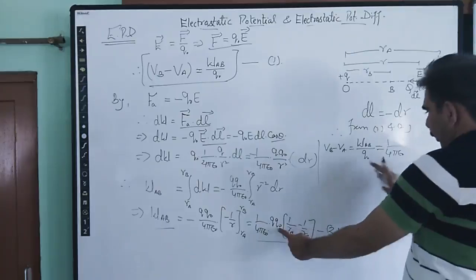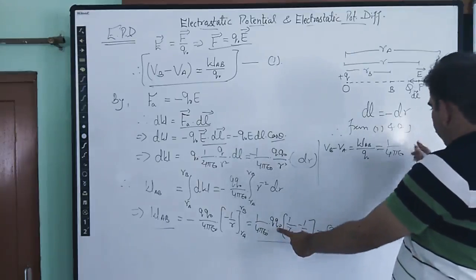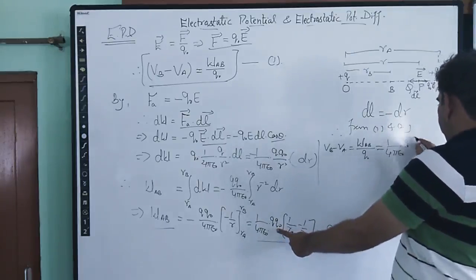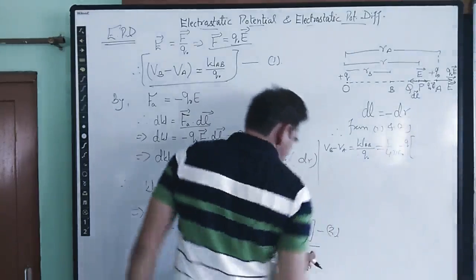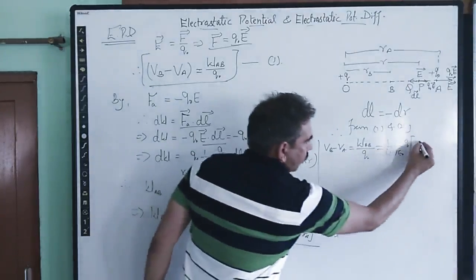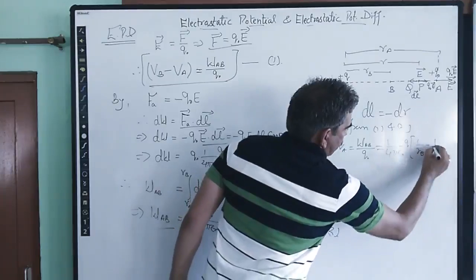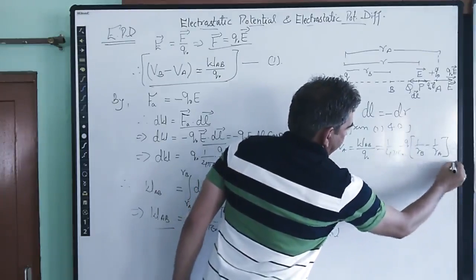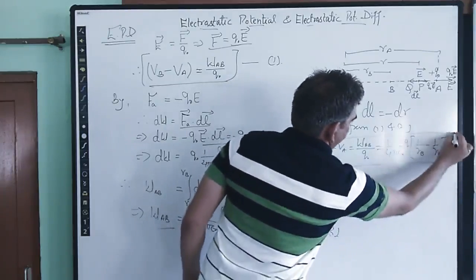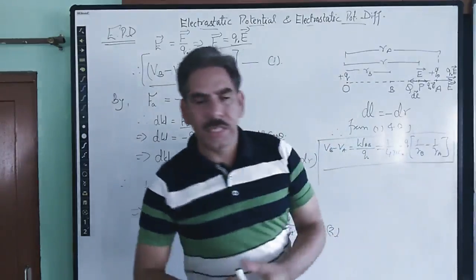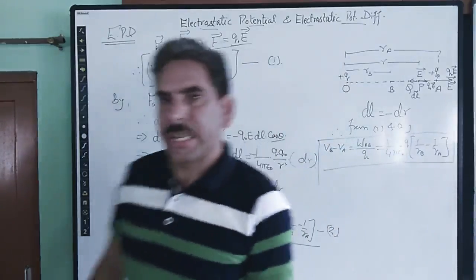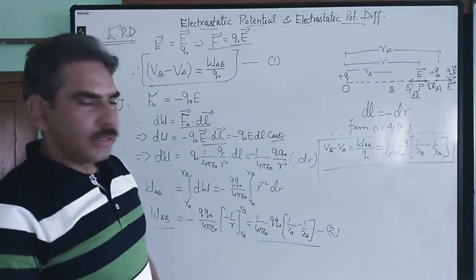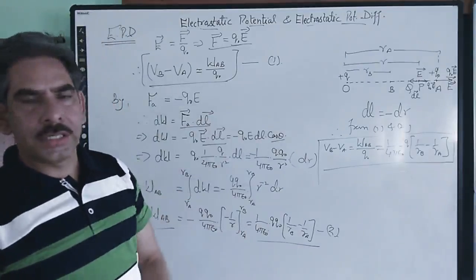Q naught cancels out, so we are left with only Q, and inside the bracket we are left with 1 upon RB minus 1 upon RA. So that is the expression for the electric potential difference whenever we try to do the work against the electric field of the given point charge.